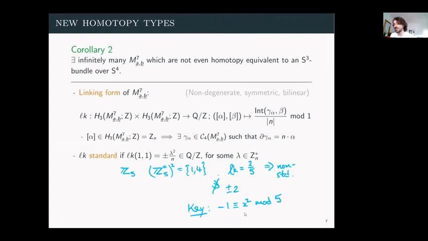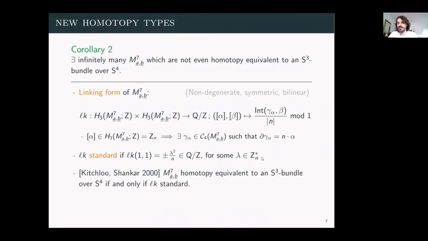This is the situation you want to be in: with respect to the order of your group, you want -1 to be a square, and this allows you to split up the multiplicative units into 2 groups. You have those that are, up to sign, a square, and the others. So that's what we actually want. Okay, so we're looking for non-standard linking forms, and in the back of our mind, we want to be in a situation where -1 is a square.